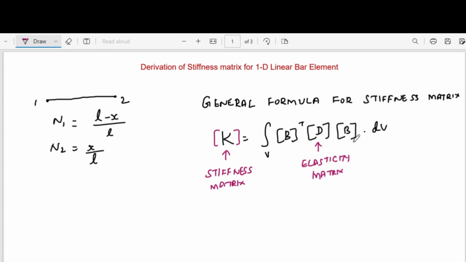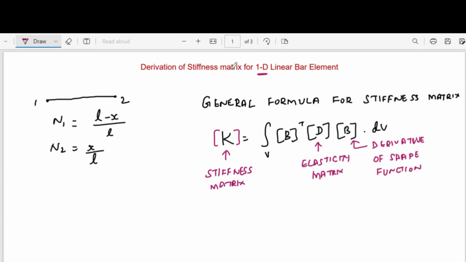D is the elasticity matrix. And B is the derivative of the shape function. Okay. So let us try to derive the stiffness matrix for a one-dimensional linear bar element.